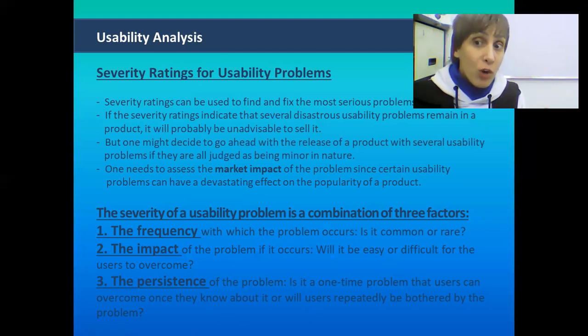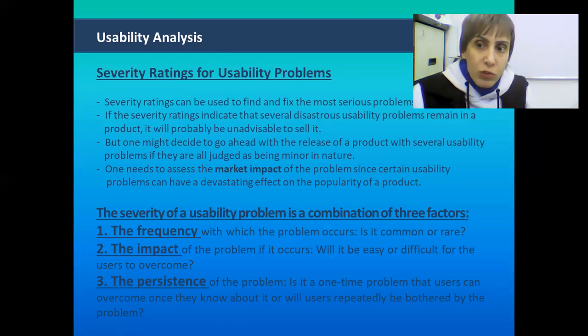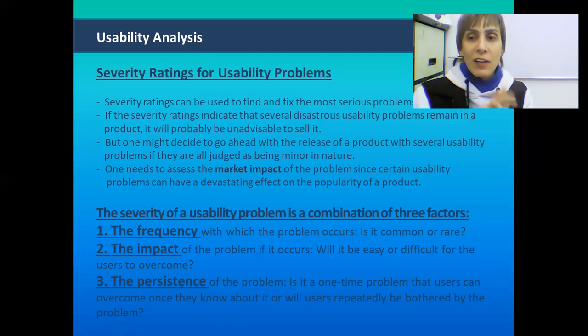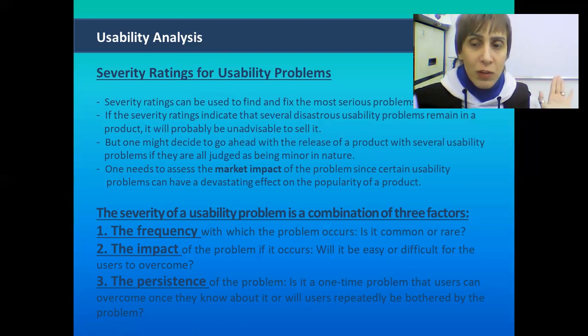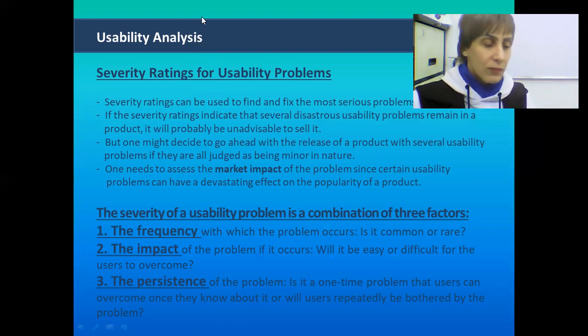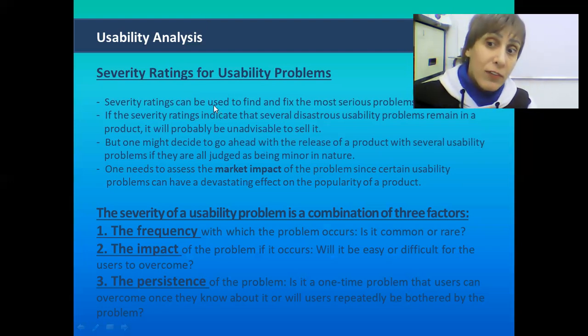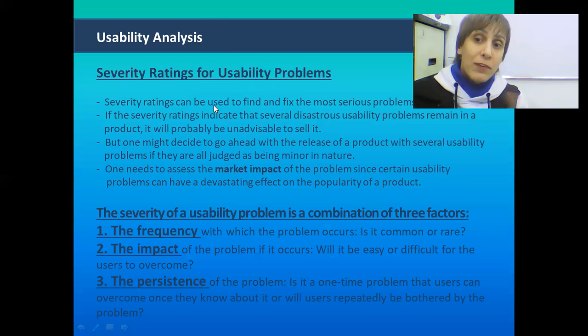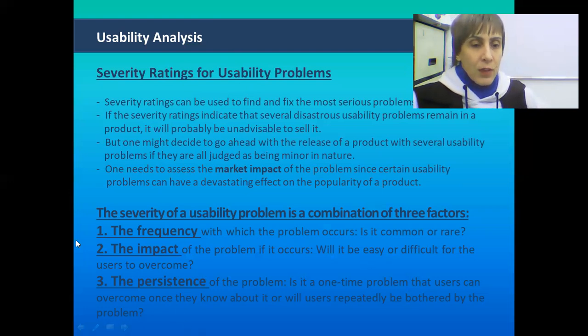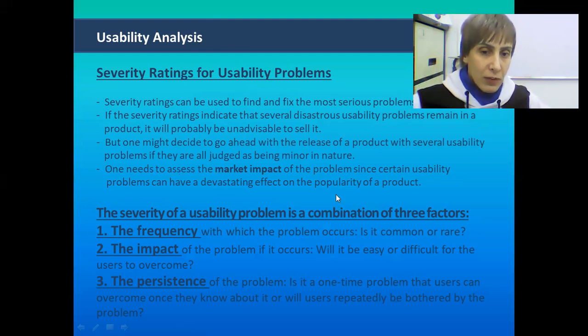So if it has problems and the people discover this while using the product, they will stop buying it, and a lot of money will be lost to the companies. That's about the money, but also the people's safety is at risk, for example, if it's a safety problem, okay? So for the severity of a usability problem, you need to always keep these three things in mind.